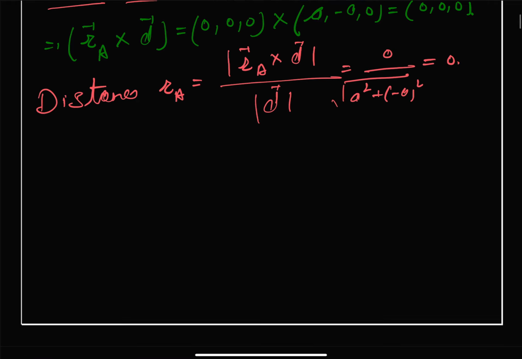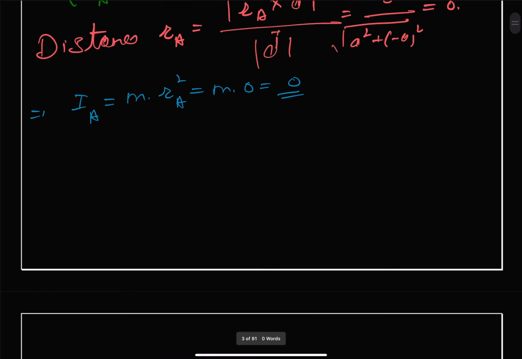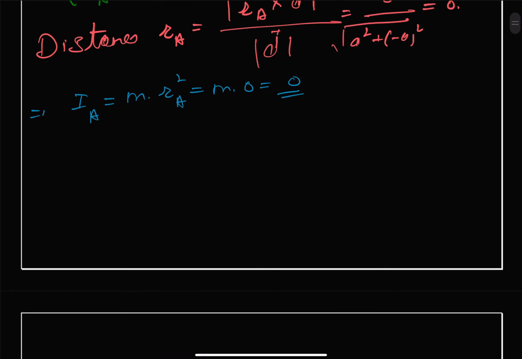So the moment of inertia, I of A, will be equal to mass times r of A whole square. R of A is 0, so the moment of inertia contribution because of the mass at A is equal to 0. Similarly, we are going to solve for each part.